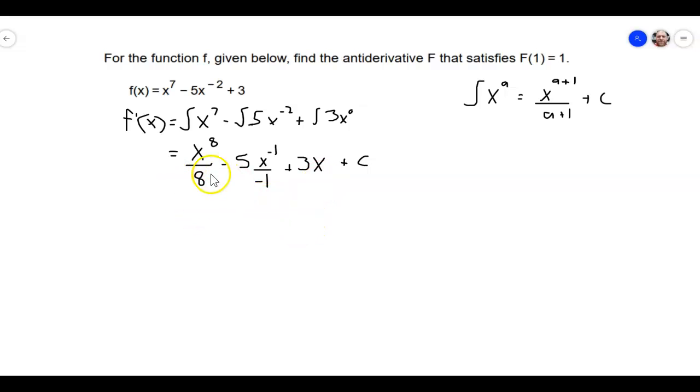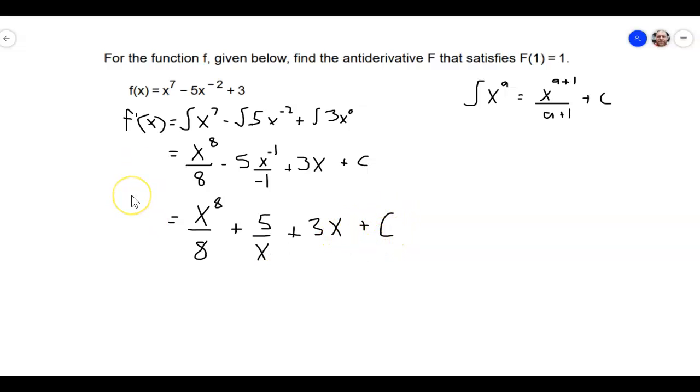All right, now that we've gotten to this point, let's clean that up a little bit. Over 8, those will cancel out, leaving a plus, and I can bring that x down to the bottom, so I can write that as 5 over x, and then plus 3x plus c.